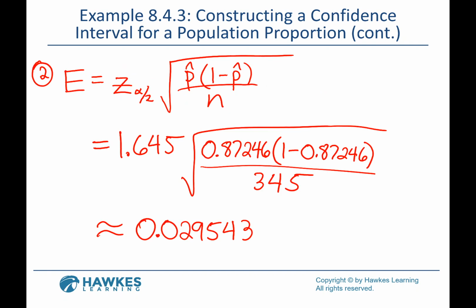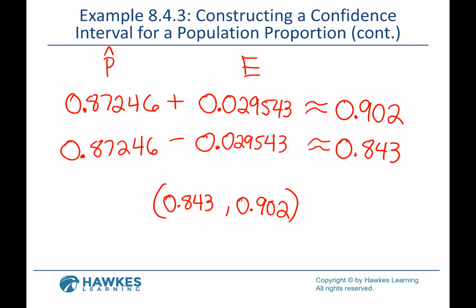And then a new margin of error formula. That's just plugging in. We already know how to find critical Z. So not too bad. And then we take those two numbers, just like we have done on the other ones, and add one time and subtract one time to get our endpoints.